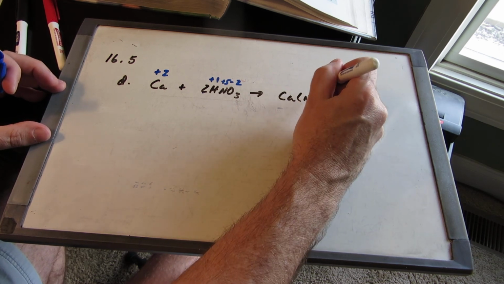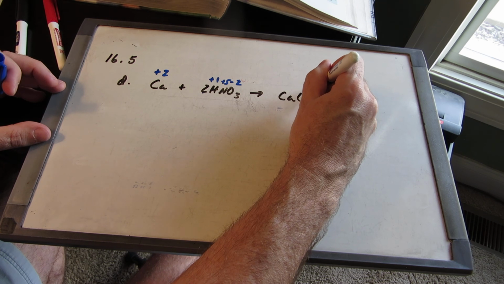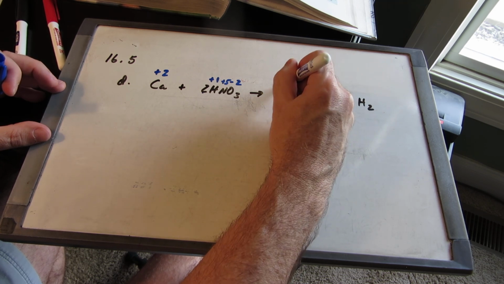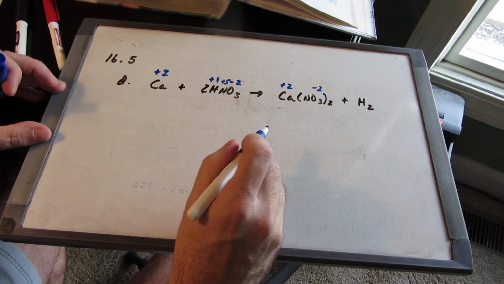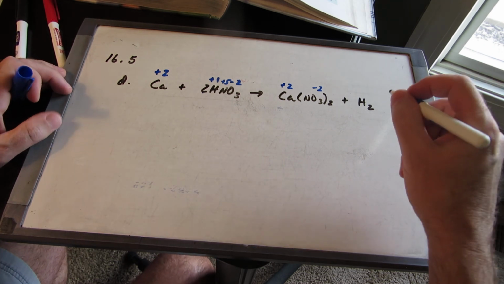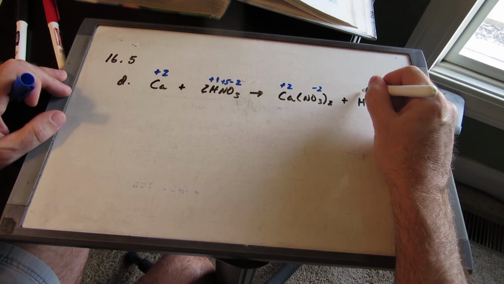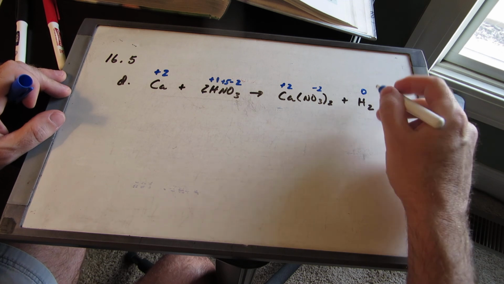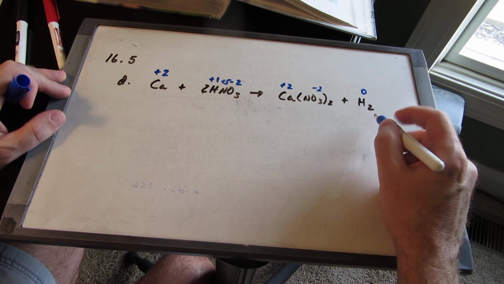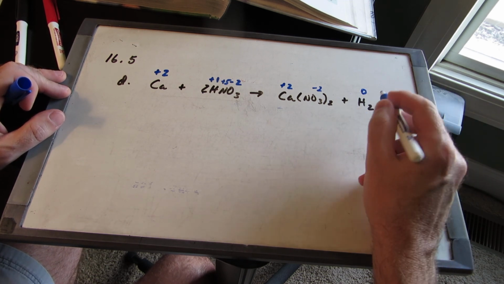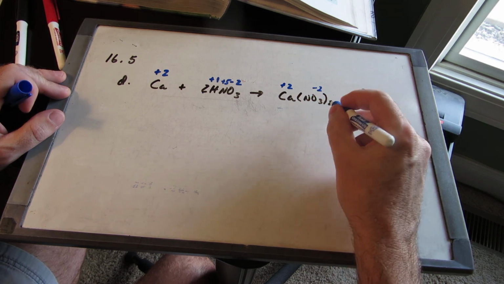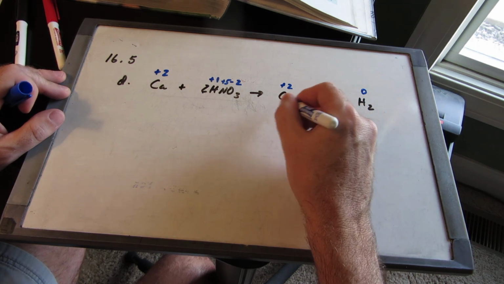Alright, for calcium nitrate, we've got -2 for oxygen, +2 for calcium, and I'll get nitrogen there in a minute. This one's going to be 0. Charge divided by the number of atoms. Be careful, it's not +1, it's not in a compound. So for calcium nitrate, I'm going to write this one out.